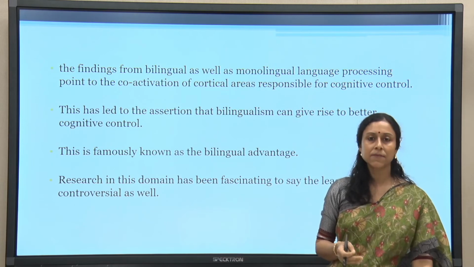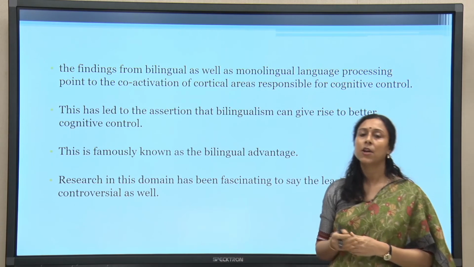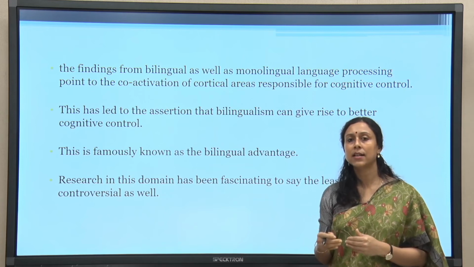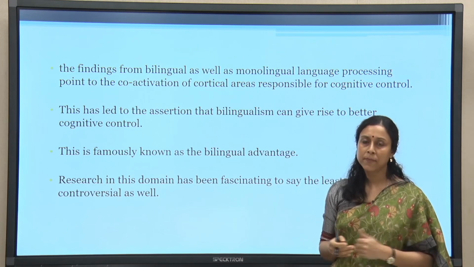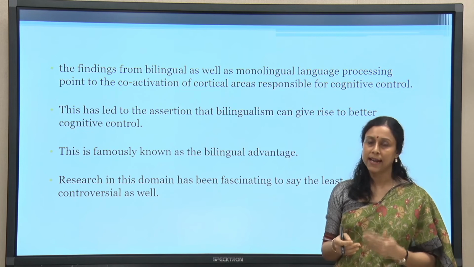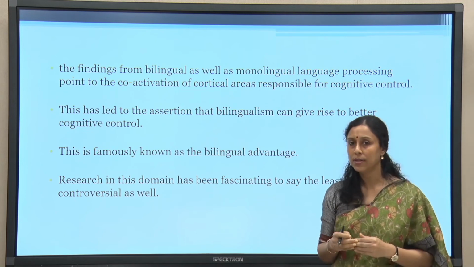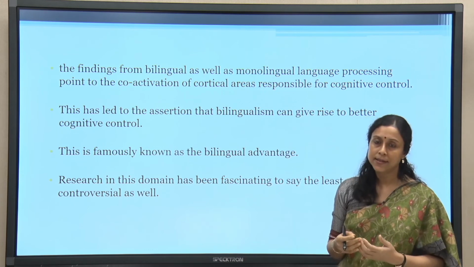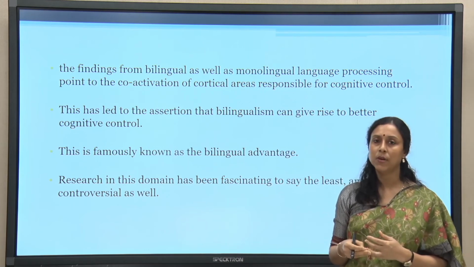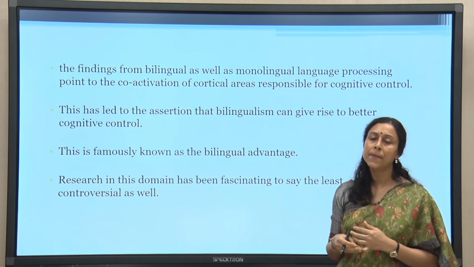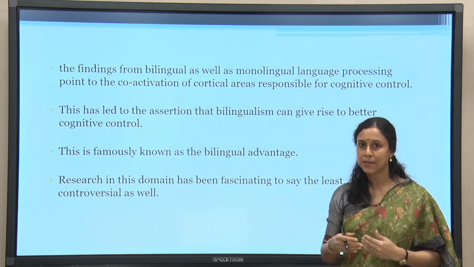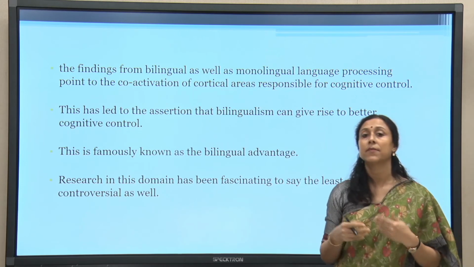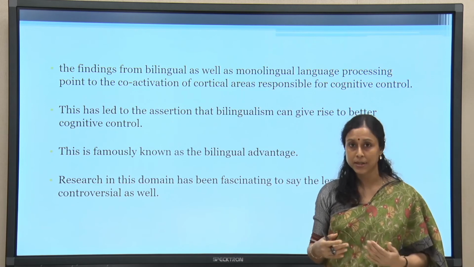In the case of a monolingual also, whenever there is a conflicting scenario, the general purpose cognitive control network gets activated. In the case of bilinguals, that kind of competition is all the time present. Just by virtue of being a bilingual, we are supposed to be juggling between two different systems in terms of phonology, morphology, syntax, you name it, all kinds.